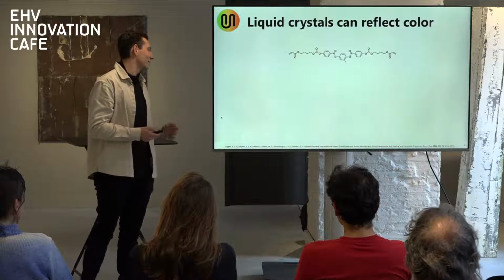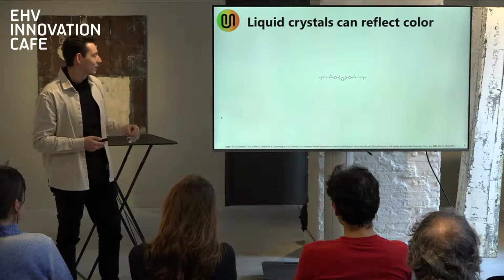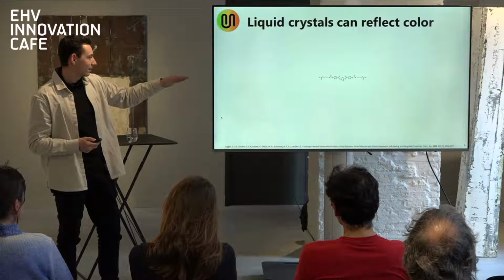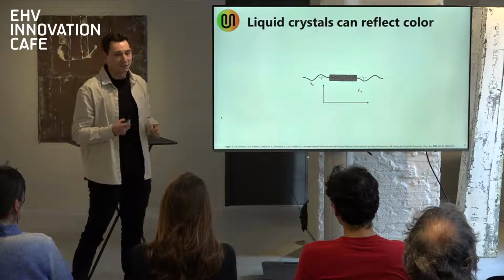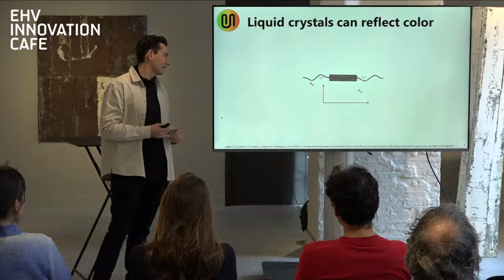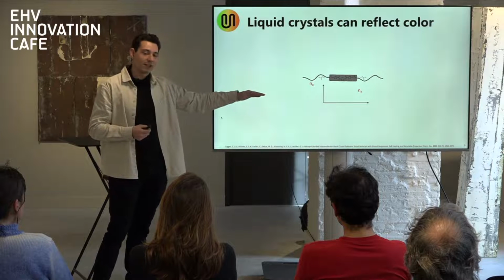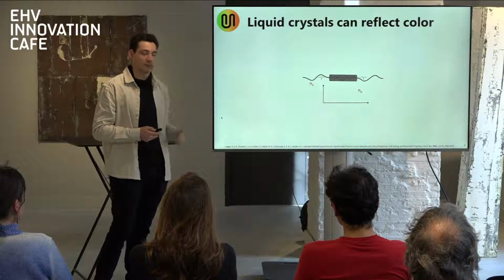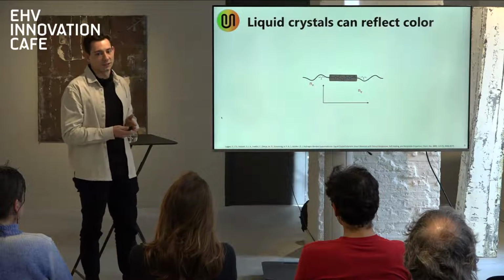So if we then go and zoom out, we can basically imagine this being rod-shaped. And the special thing about liquid crystals is that along the molecular direction, there's a different interaction with light than perpendicular to it.